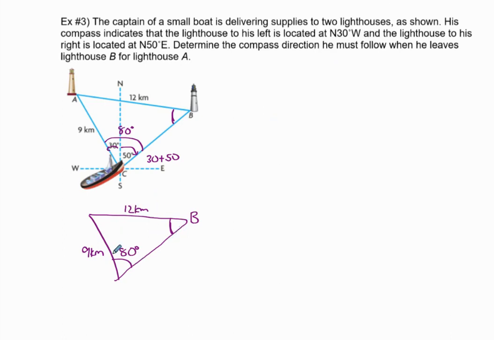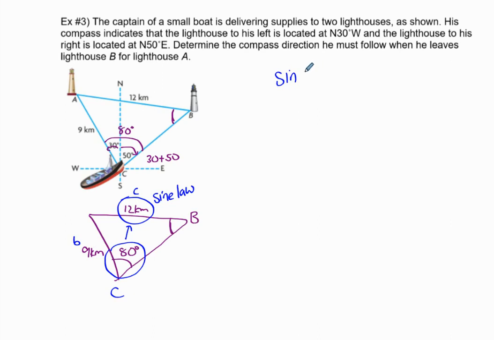So as soon as I have an angle and its opposite side, I know that I can use my sine law. All right, so my sine law is, let's just call this point C, so here's little c. This is point B, so here's little b.